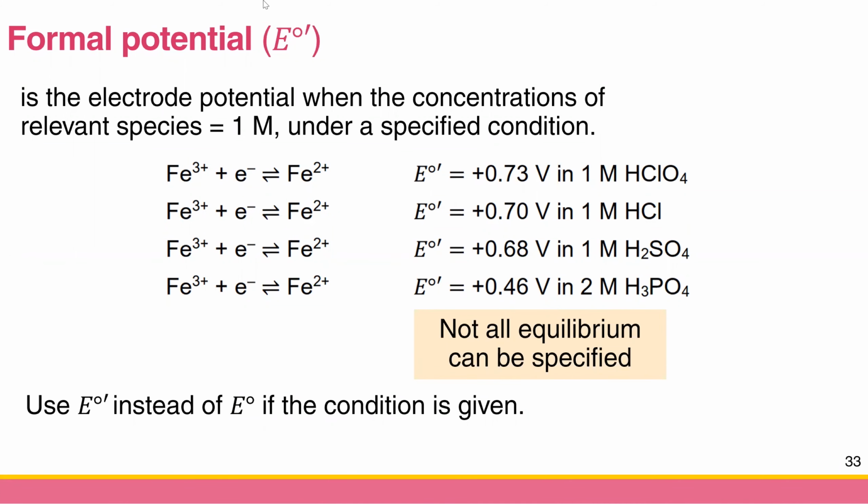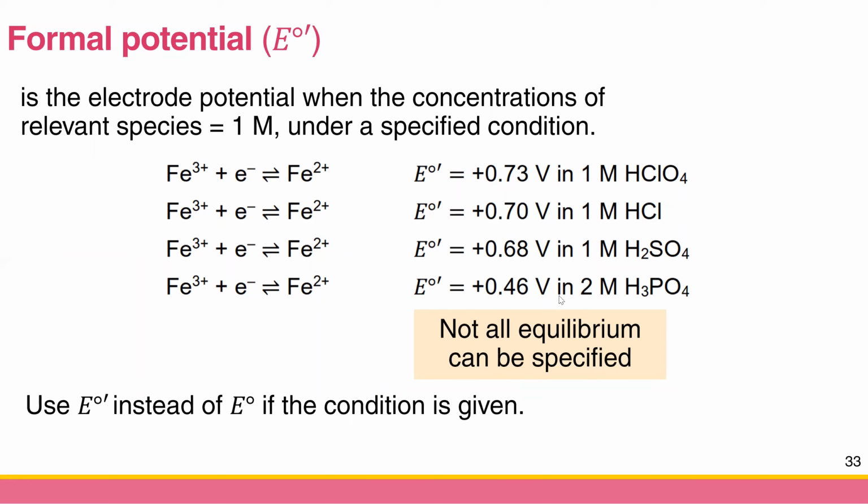And this number is going to be the formal potential. We denote the formal potential by this prime symbol, so it's going to be E naught prime. The reason to use this is that we cannot specify all the equilibria. For example, for iron 3 and iron 2, in perchloric acid it's going to be 0.73 volt. In hydrochloric, it is 0.7. In sulfuric, it's going to be 0.68.